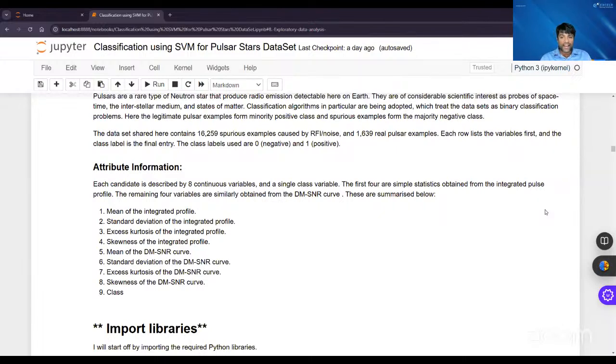In that we have the mean of the integrated profile and the standard deviation of the integrated profile, then excess kurtosis, skewness, mean, standard deviation, excess kurtosis, skewness, and class. This data set is a little different from what you have actually seen. Here you can see that there are different kinds of data, a huge amount of data which is available.